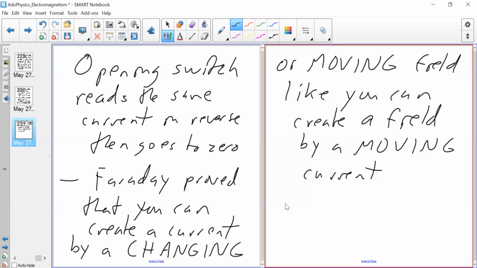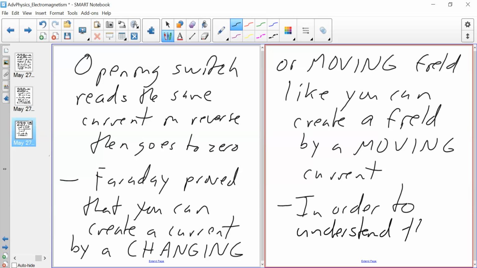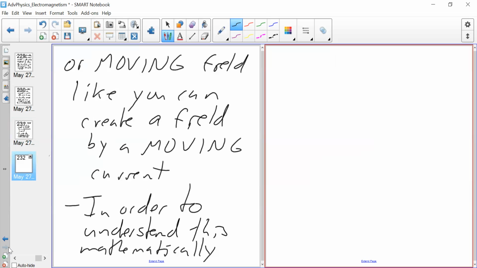But before we get to the conclusion of the matter, in order to understand this mathematically, let's re-examine the concept of flux.